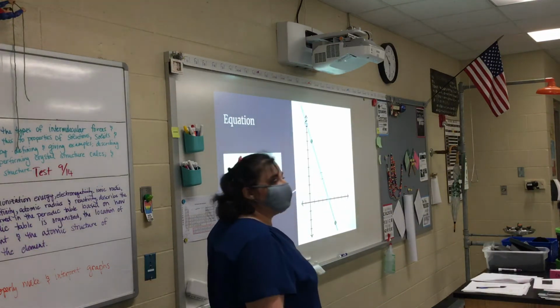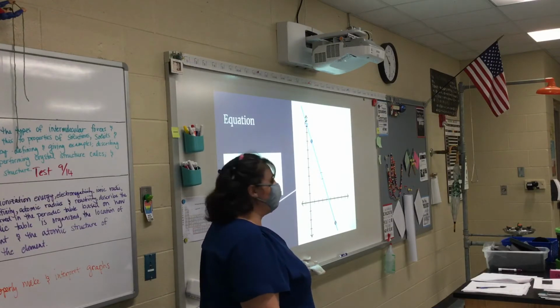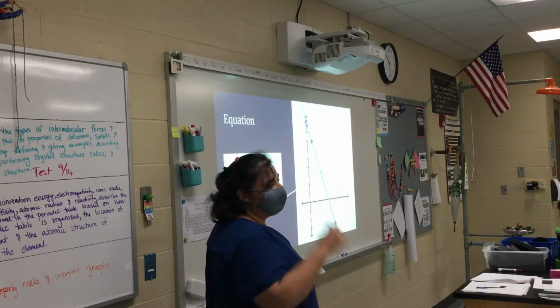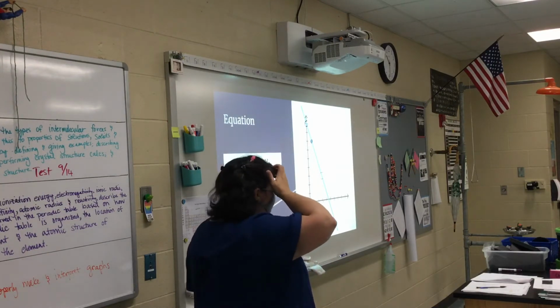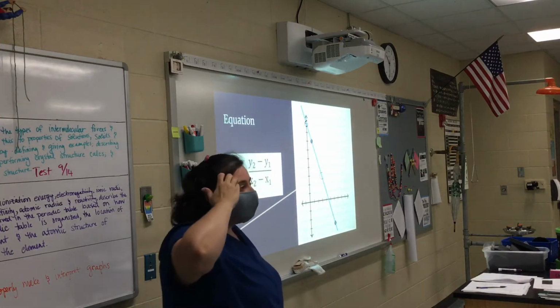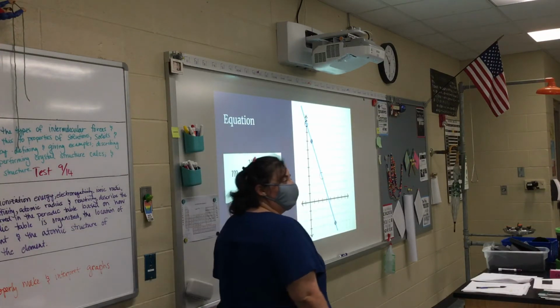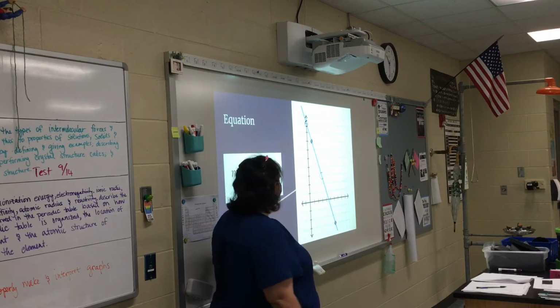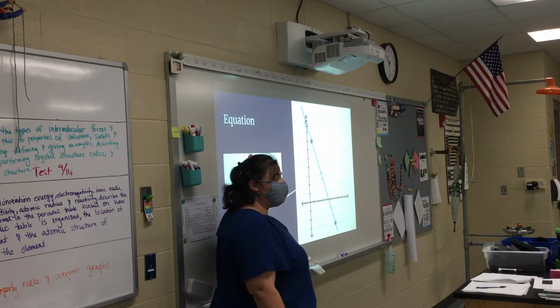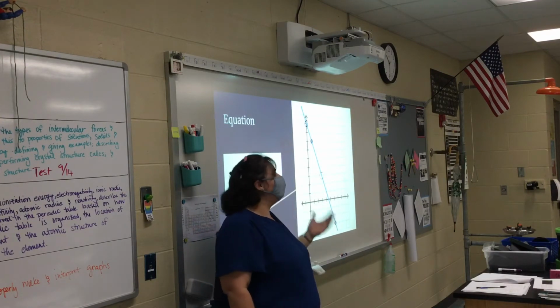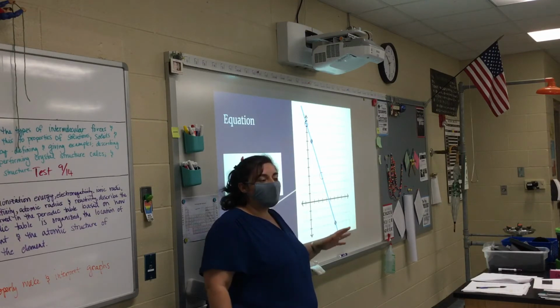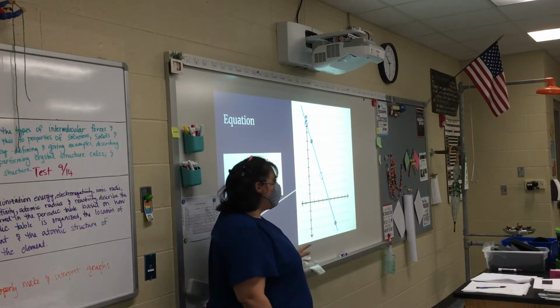So let's go ahead and make sure everybody writes this down. If you don't know it, write it down. Because you are probably going to ask me at some point how to calculate slope, and this is what I'm going to write on the board. So if you don't know that this is how we calculate slope or you don't remember it, then write it down. There is no harm in having to look it up at all.